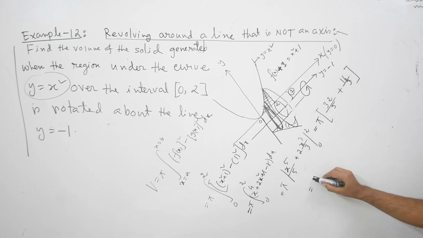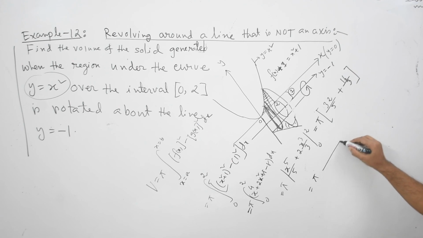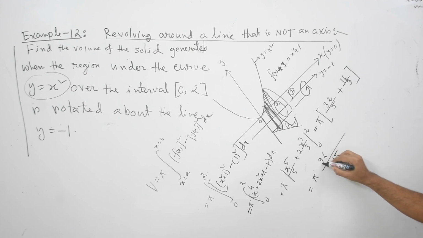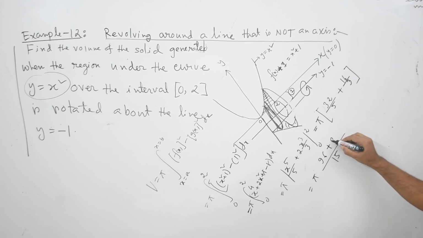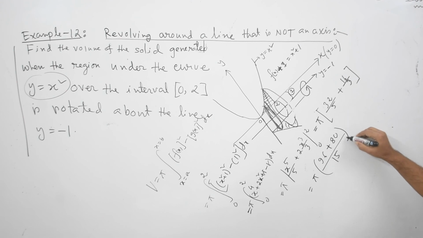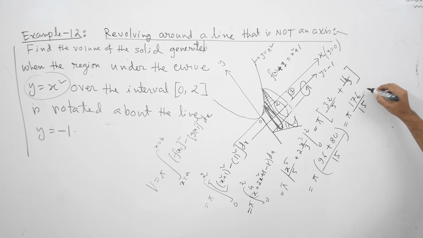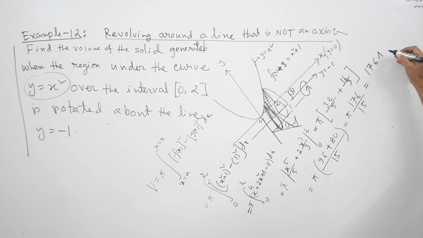So this equals pi times, 15 is the LCM, 3 times 32, 96, plus 80, which is equal to pi times 176 divided by 15. So we can write 176 pi divided by 15. So this is the answer.